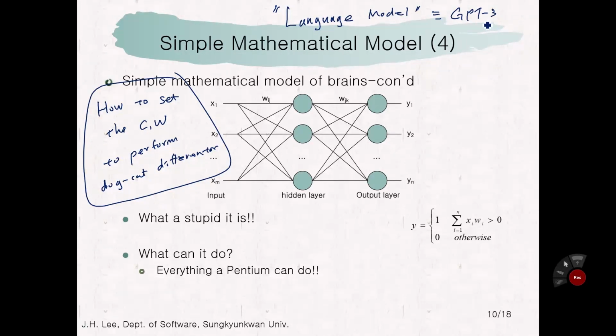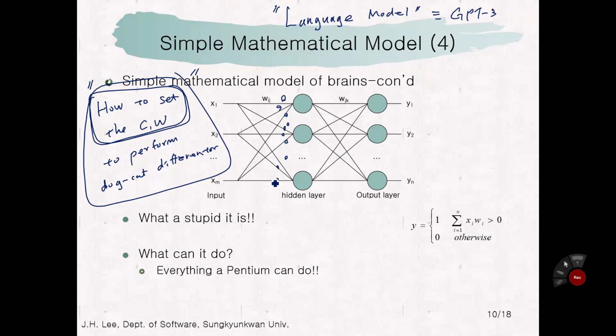Okay, the next question should be this. How to set the connection weight, right? This is a very, very important question. If you cannot set up the connection weight here, then the neural network will be useless.